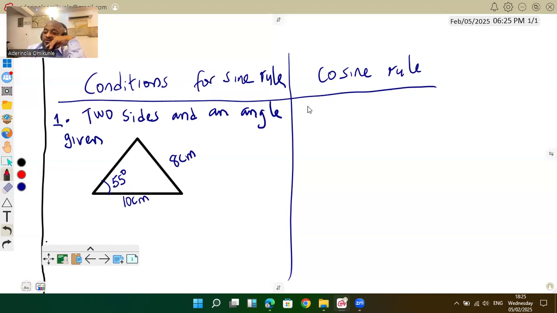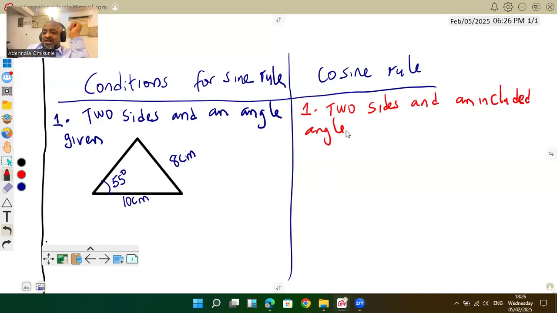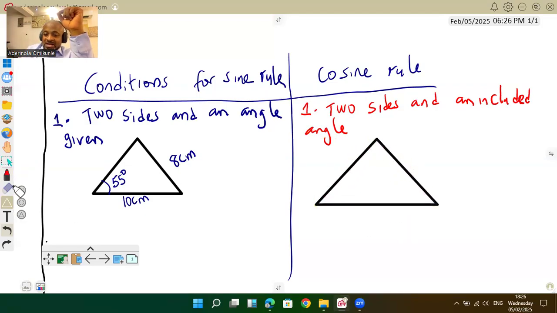For cosine rule, the first condition is that you must have two sides and an included angle. So the question will be, what exactly do you mean by included angle? The condition for sine rule is not the same thing as the condition for cosine rule. What the included angle means is that if you have a triangle with the same data, you have 8 centimeter here and 10 centimeter here.